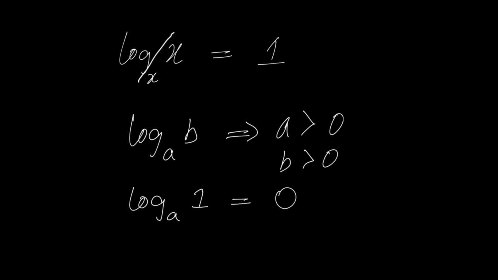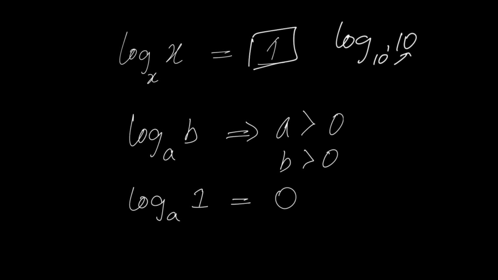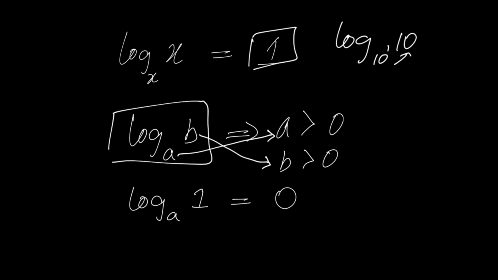Okay, so these are certain rules you will have to abide by. If both the base and the number are the same, the result will be equal to 1. So if I write log base 10 of 10, that means I have to put the power 1 on 10 to make it equal to 10. Similarly, if a log exists, its a value has to be greater than 0, and its b value has to be greater than 0.